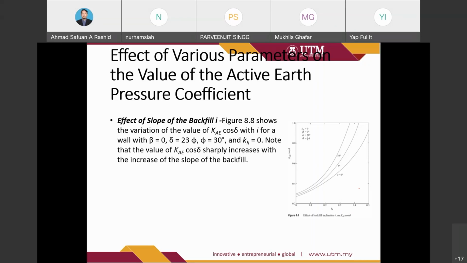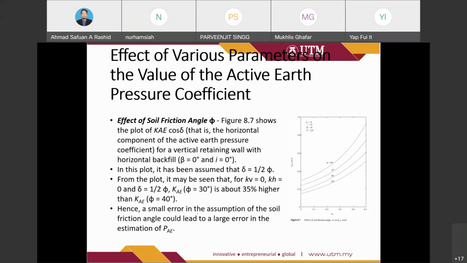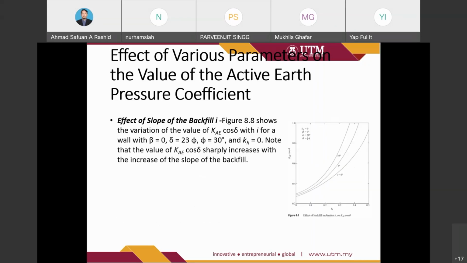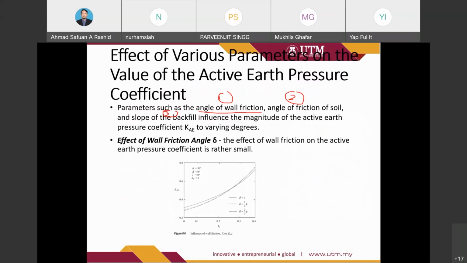It means that there will be a significant effect of the soil friction angle and also of the slope of the backfill. And there will be no significant effect due to the wall friction angle of the soil and the retaining wall. So this is the finding concluded based on various parameters.